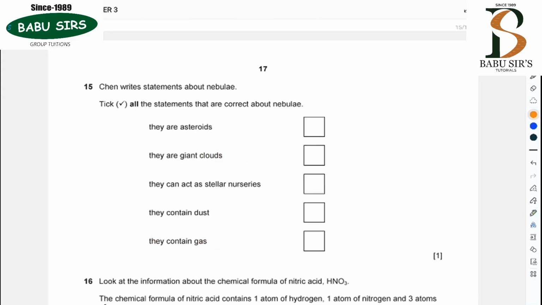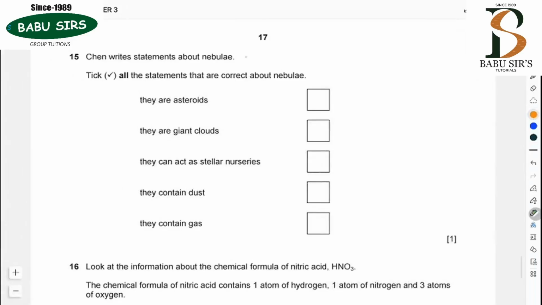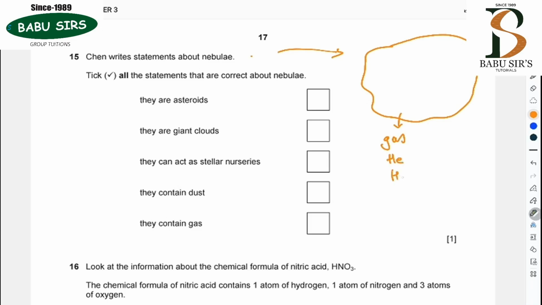Question number 15. Chen writes statements about nebula. Now what is a nebula? Nebula is a big cloud of gas that is mostly helium and hydrogen, and it also consists of dust particles.